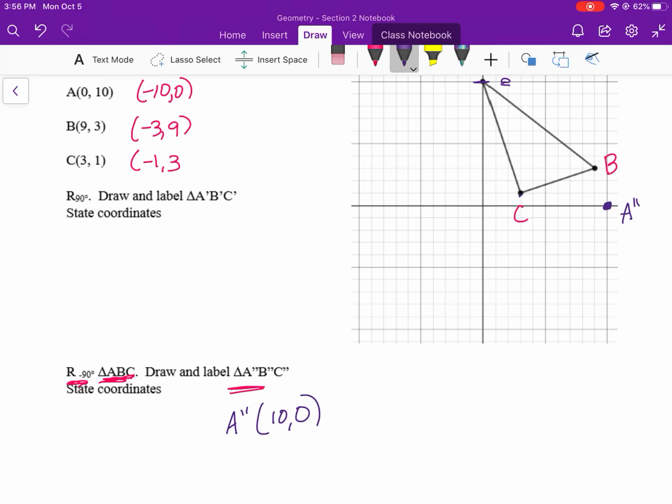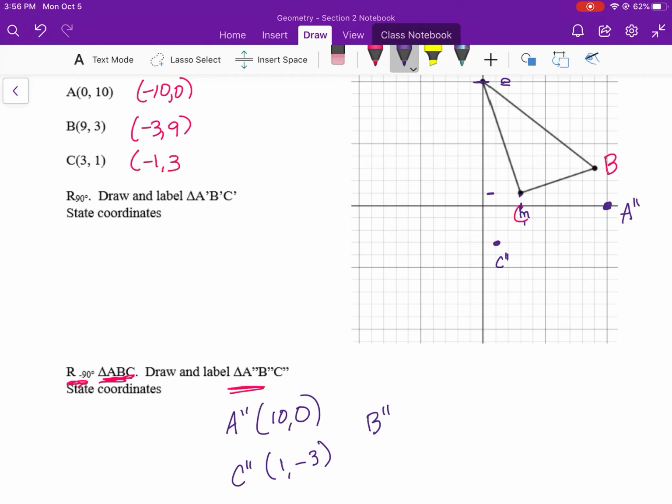So here's C at 6, 1. So I rotate it to the right, and it looks now like it's at 1, -6 is what it looks like. So now I rotate it back, and I go 1, -6, and that's where I put C double prime. And then I have B double prime.